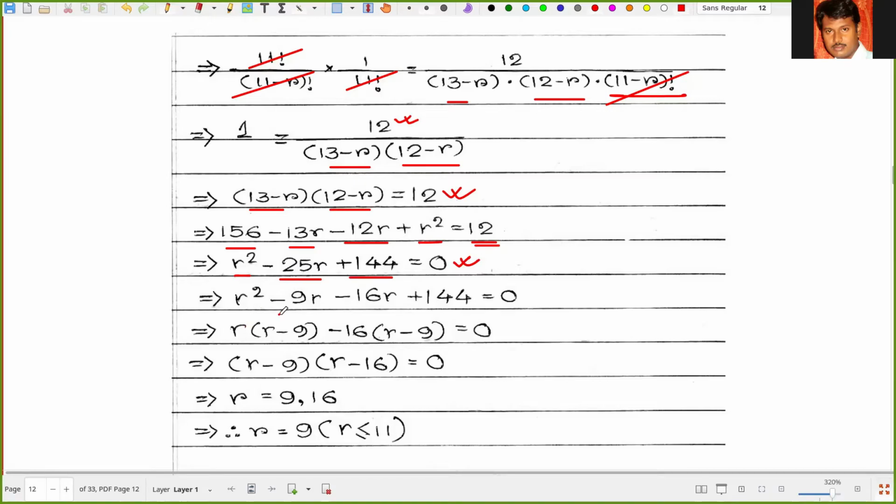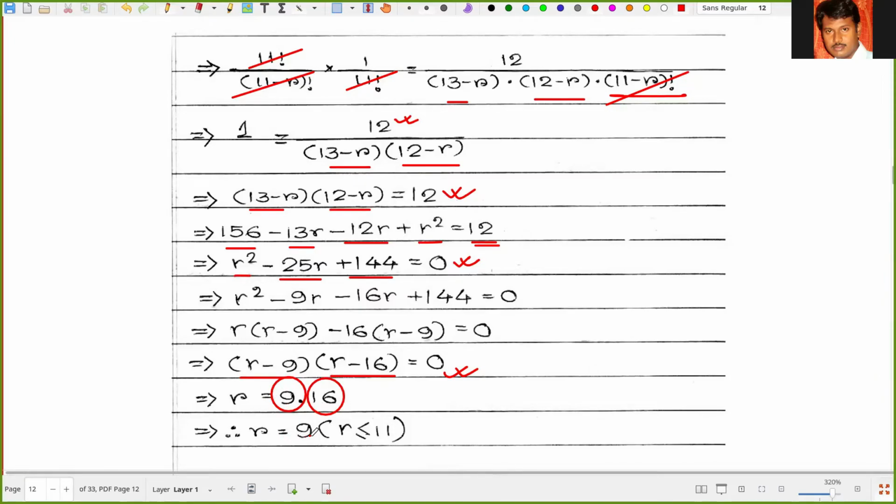Or after factorization, we can get (R minus 9) into (R minus 16) is equal to 0. So R may be 9 or 16.